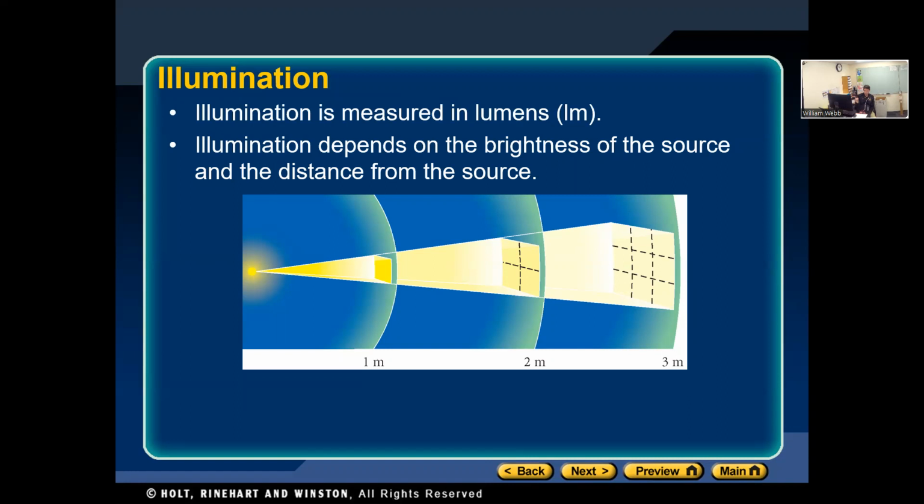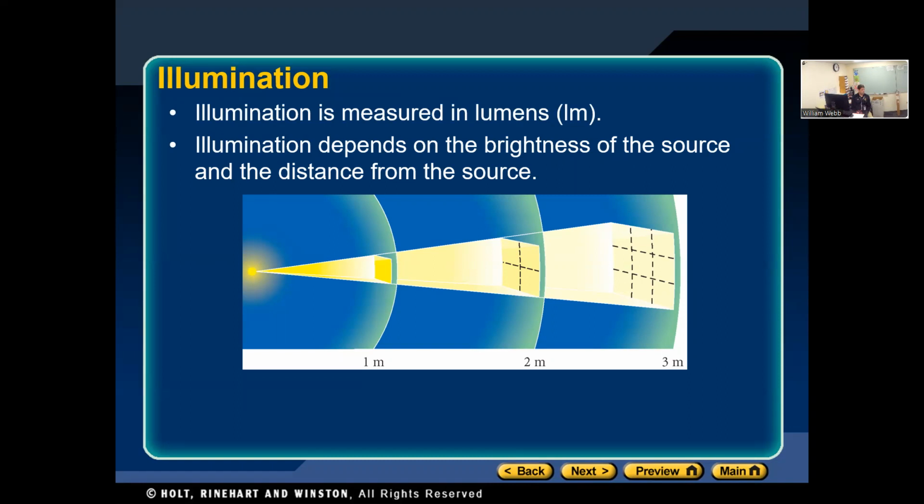So if 1 meter is a certain lumens of brightness, 2 meters is going to be 1/2 squared. It's going to be 1/4 as bright. If you're 3 meters away, it's going to be 1/3 squared. It's going to be 1/9 as bright. So this works like sound waves.